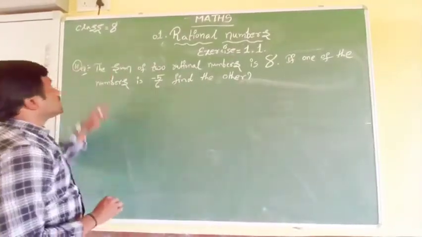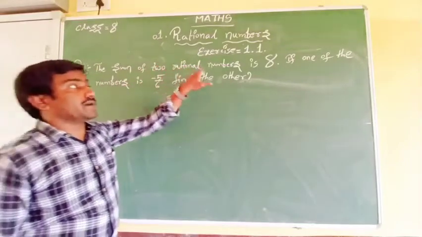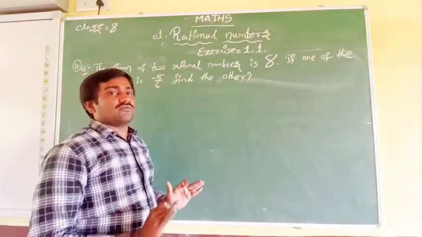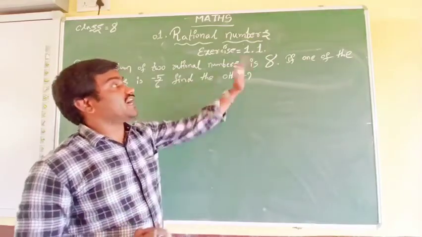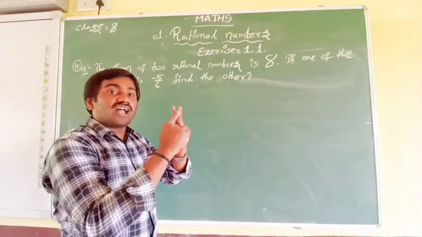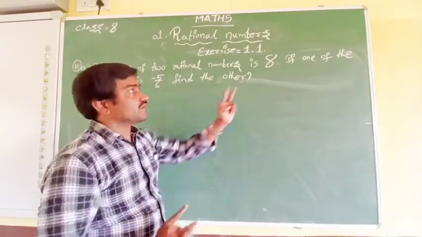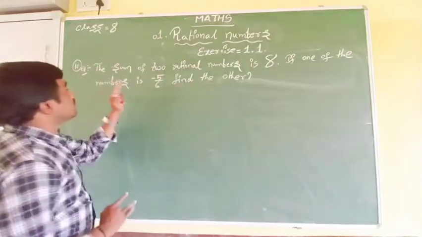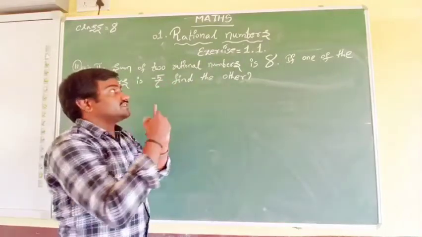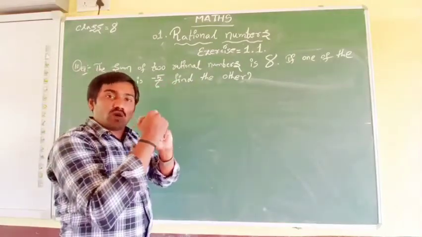The sum of two rational numbers means they have added two rational numbers. We don't know what numbers they added, but they got the answer as 8. If one of the numbers is given as minus 5 by 6, then find the other one.